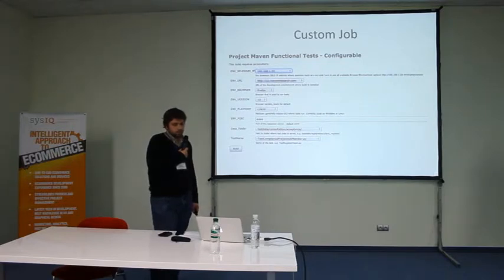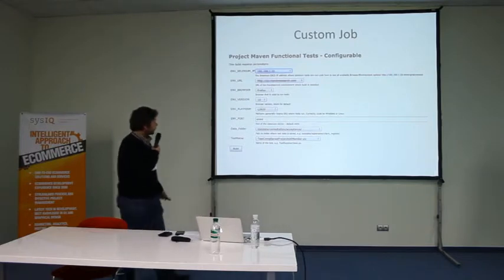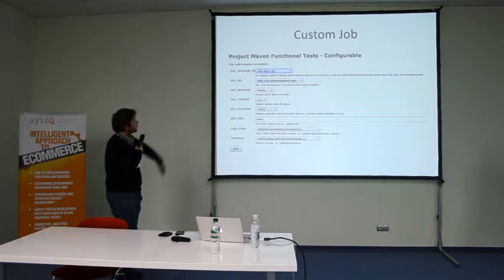For example, if we have a bunch of test files and test data, and we have many configurations, we could have a custom job for Jenkins. In this example, I could configure everything I want. I could choose a browser, version, platform, and choose the test name I want to run.